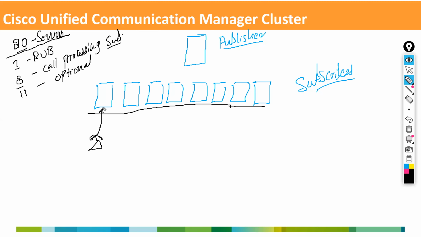Now, which server will act as a call processing subscriber? Consider you have 20 servers. By default, the very first server is the publisher. Now, out of 19 servers, which server is going to act as a call processing server?